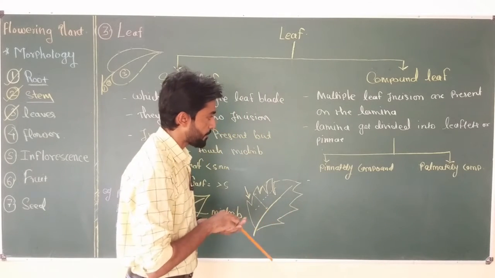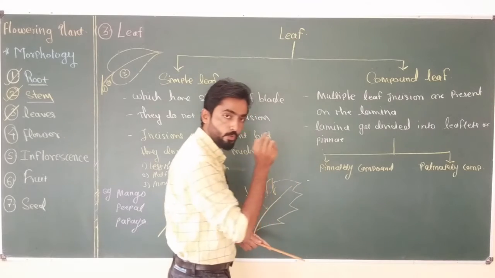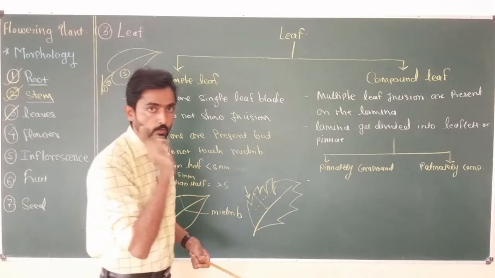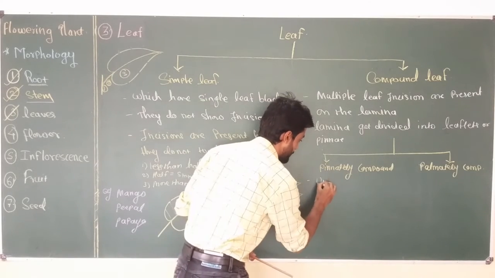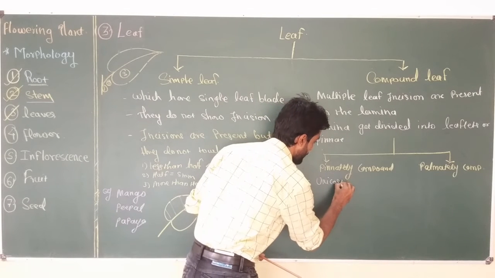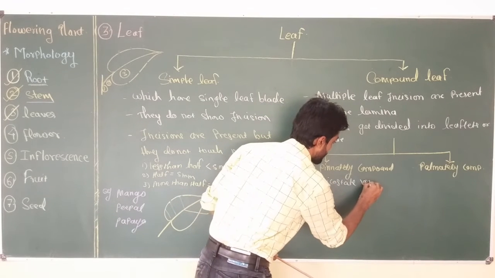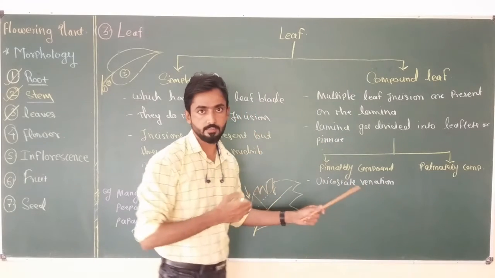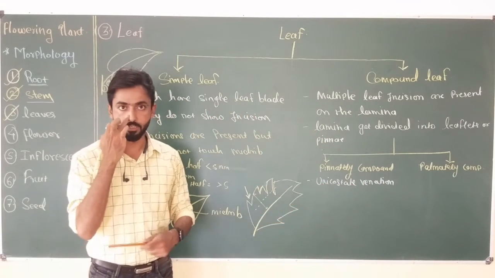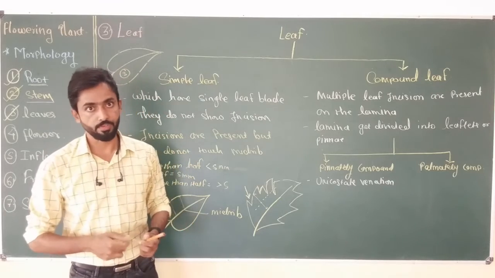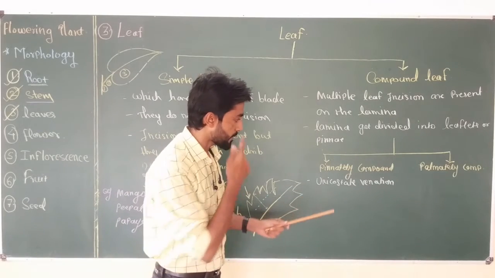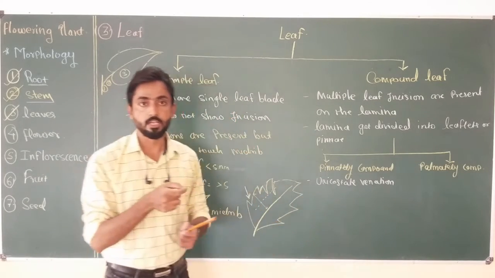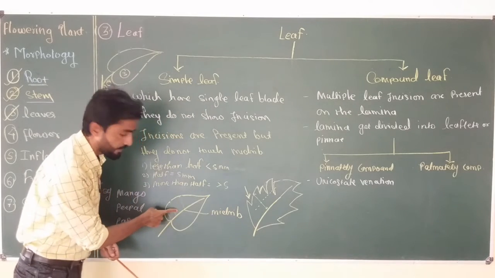Now this type of leaf is usually observed when venation is unicostate. What is unicostate venation? We have discussed in detail about unicostate venation in my previous videos. So unicostate venation is the type of venation in which the leaf shows a single midrib.